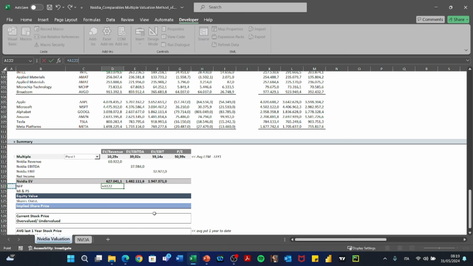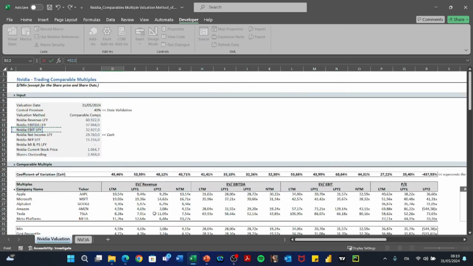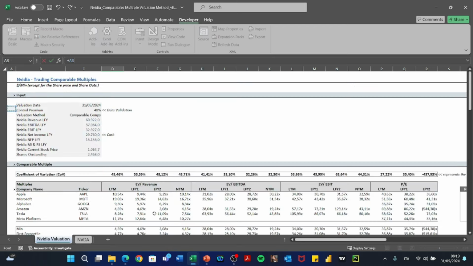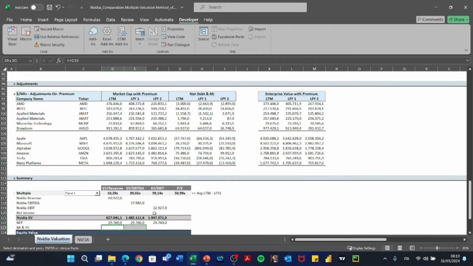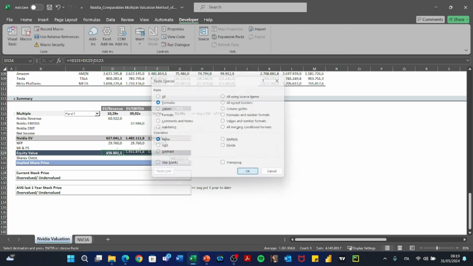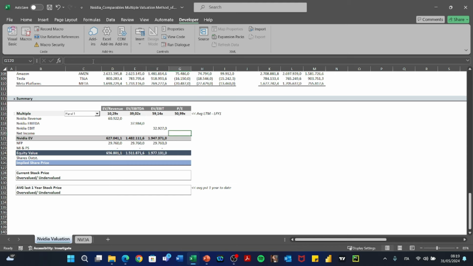Let's now add the net financial position because it is full cash. And we have no controlling interest or minorities according to the financial statements of Nvidia. Minus here.